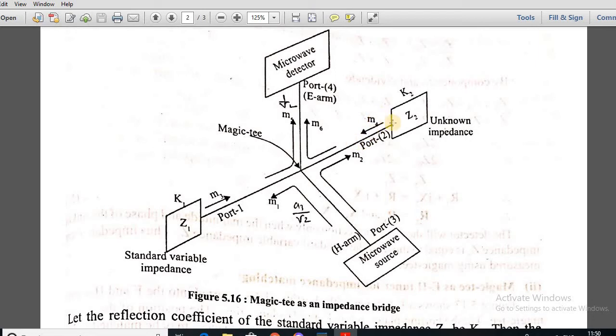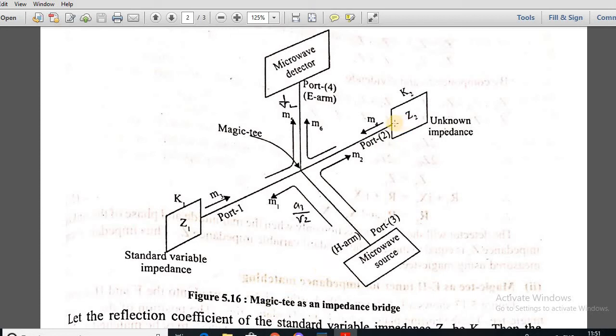The reflected component for port 2 is M4 and the incident component is M2. So M4 divided by M2 is equal to K2, and M2 is nothing but A3 divided by root 2.